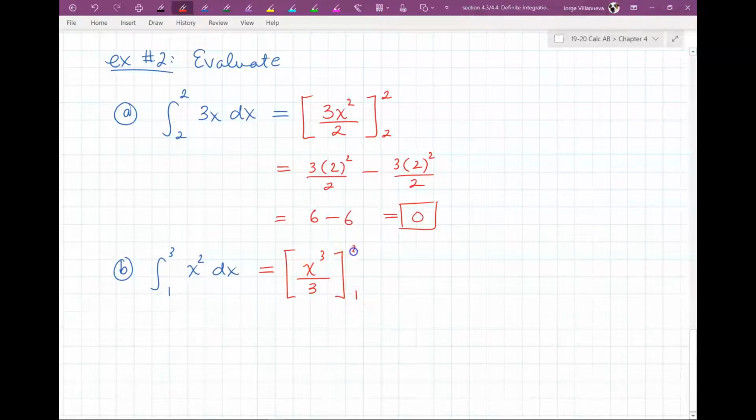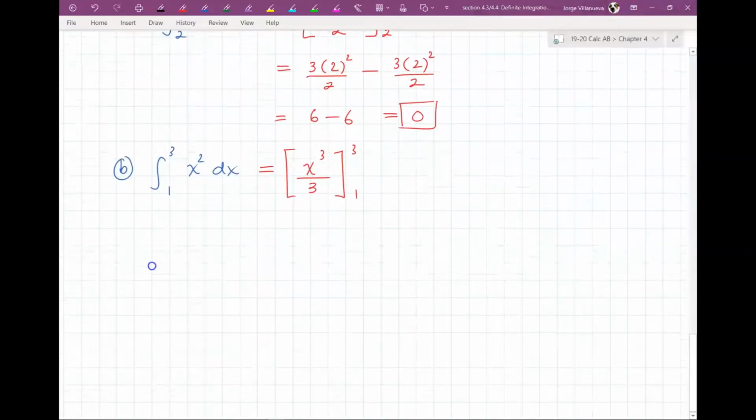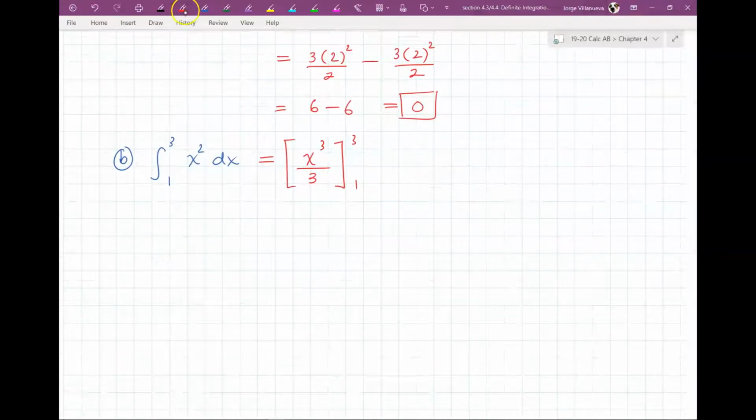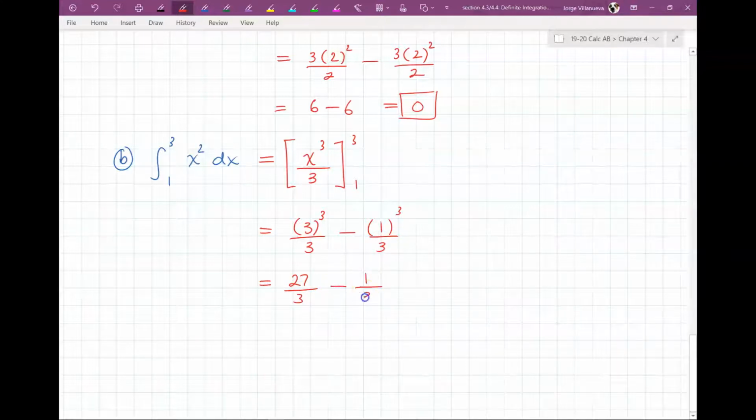So from 1 to 3, plug in your 3, so it'd be 3 cubed over 3 minus, plug in your 1, so that's 1 cubed over 3. That's 27 over 3 minus 1 over 3. So this will be 26 over 3.